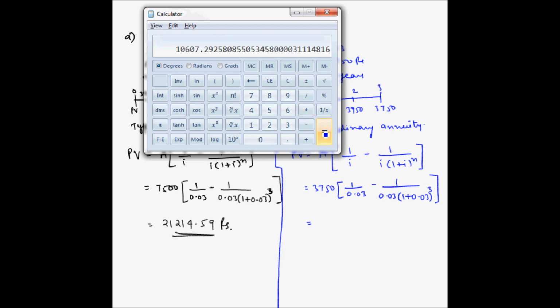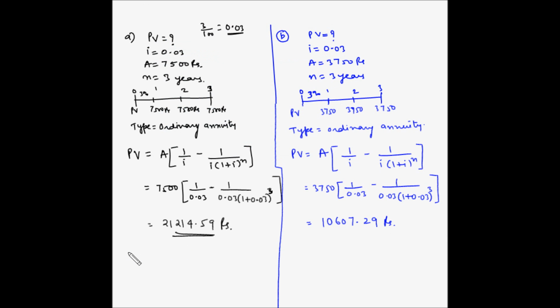So we get 10607.29 rupees. Now let's move to part C.